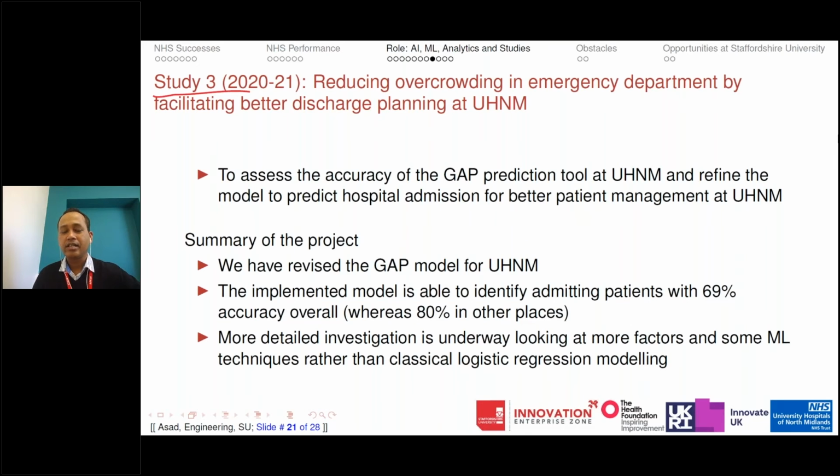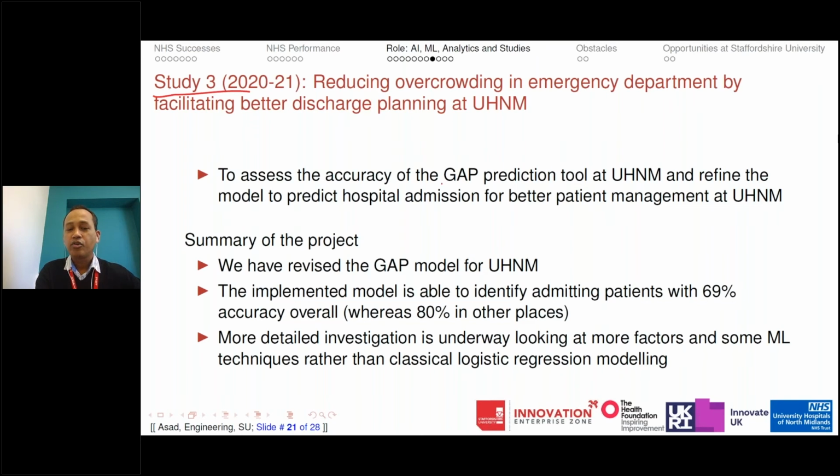This third case study, we have been doing this research over the last 2 years with Royal Stoke. We have received some funding from North Staffordshire Medical Institute.